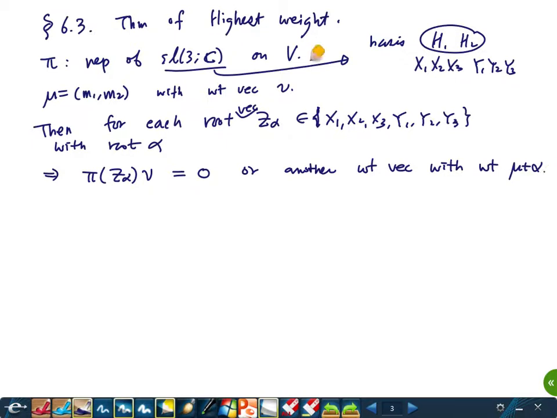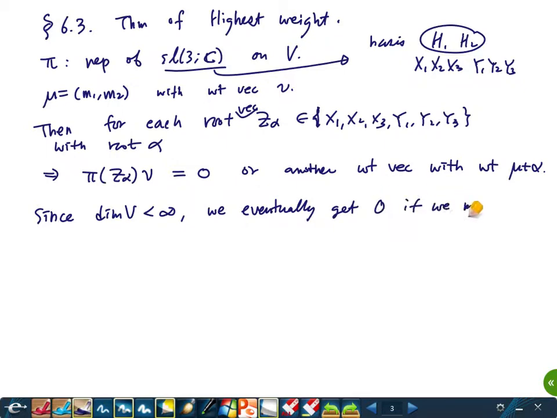And so we are working with a finite dimensional vector space. So since the dimension of V is finite, we eventually get 0 if we apply root vectors repeatedly, right?